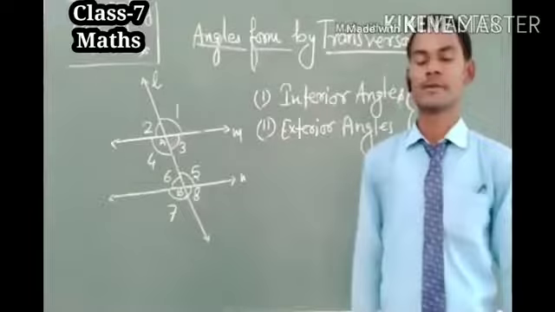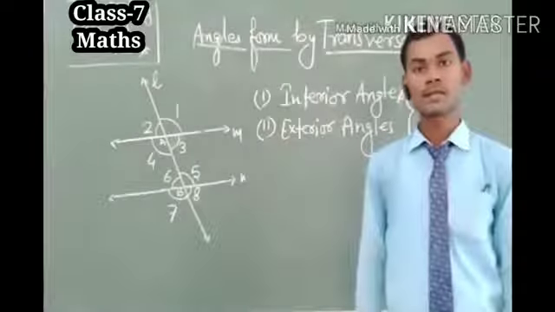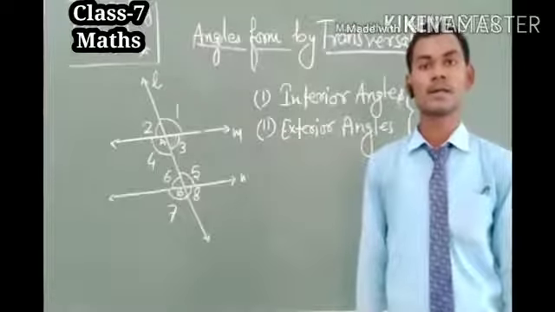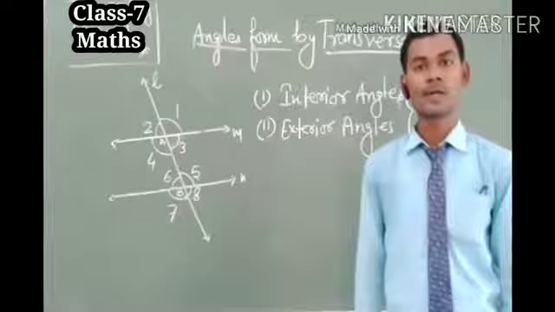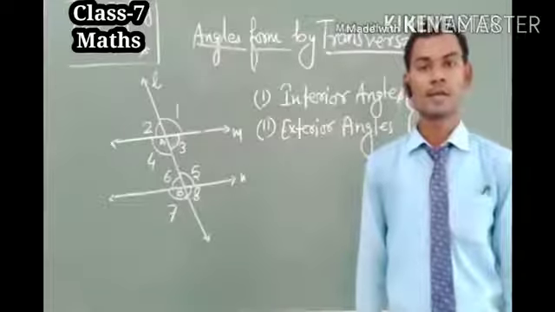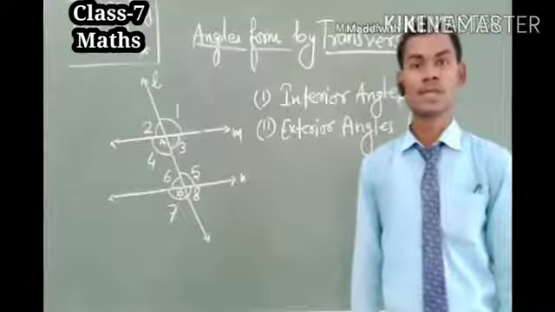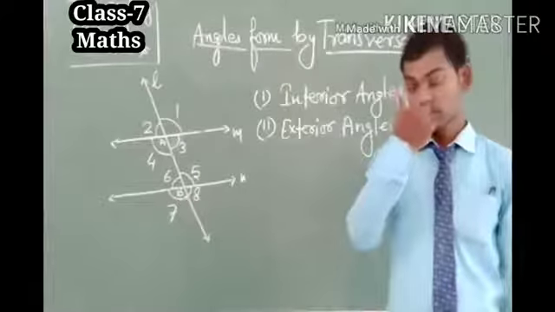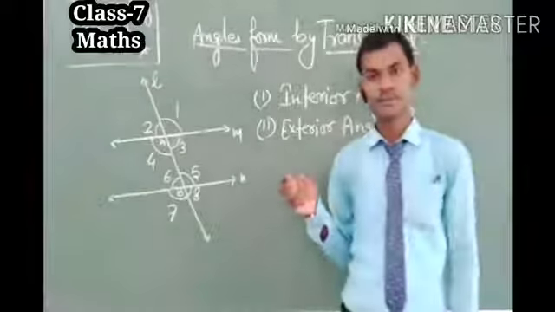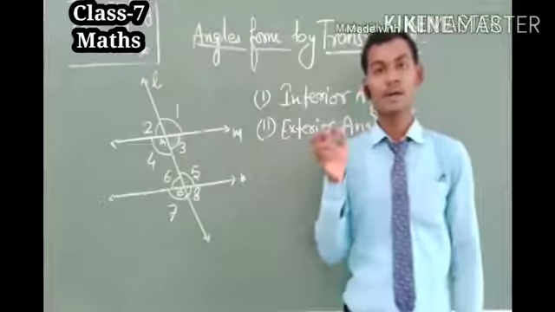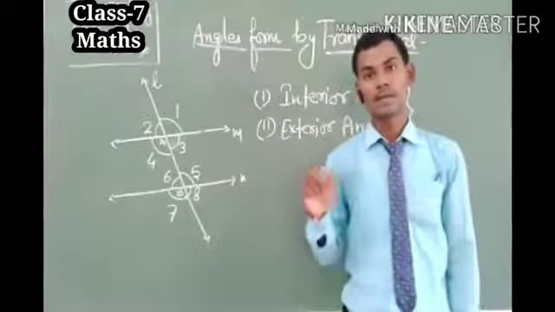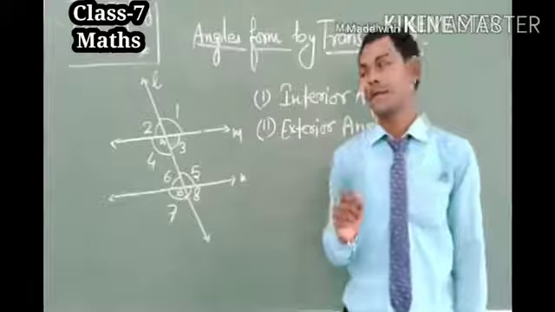The angles formed by the transversal line which have a common line segment and lie between the two given lines.